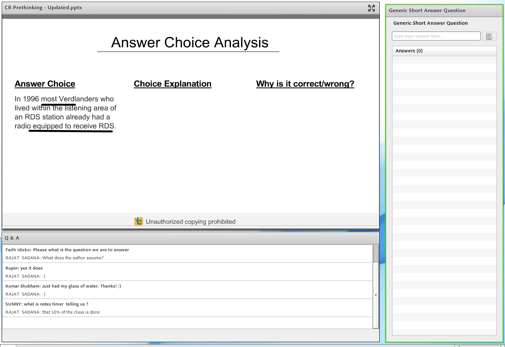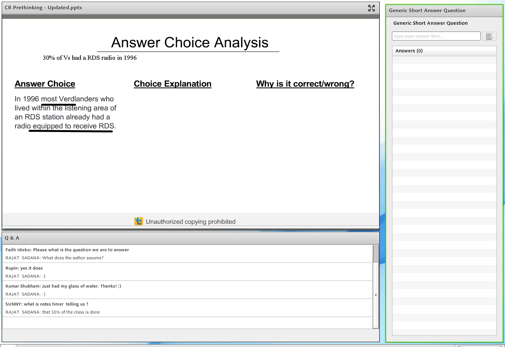In other words, will my conclusion break down if only 30% of Worldlanders had an RDS radio in 96?